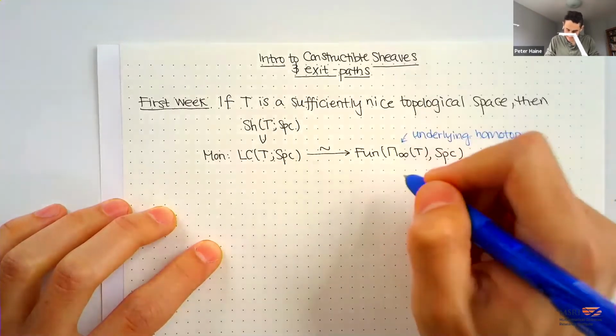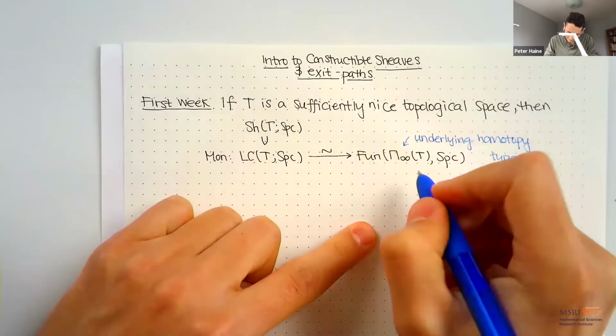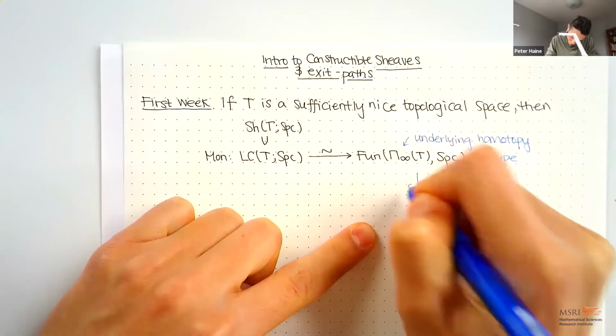The easiest way to see this is by this straightening unstraightening equivalence.